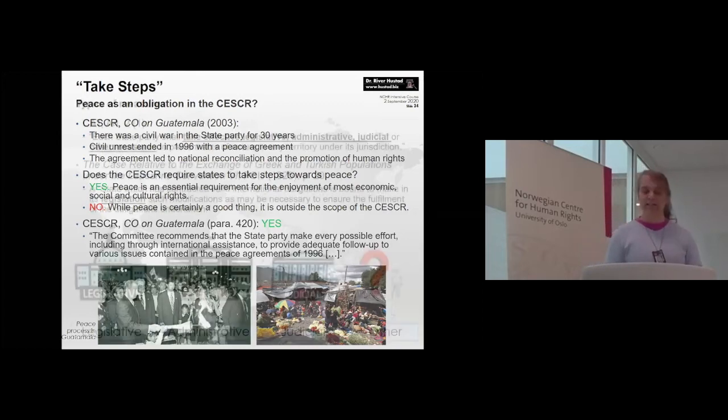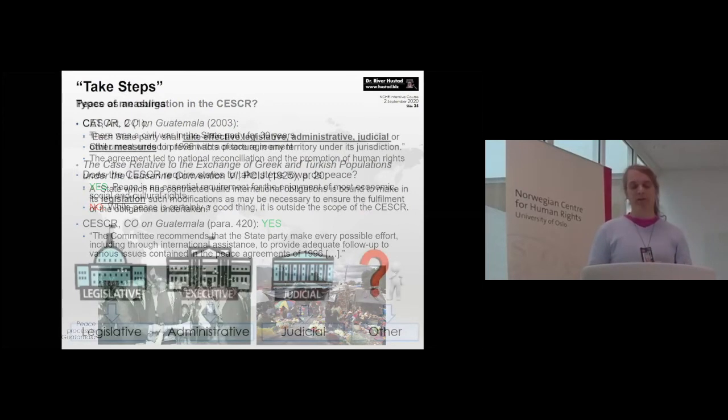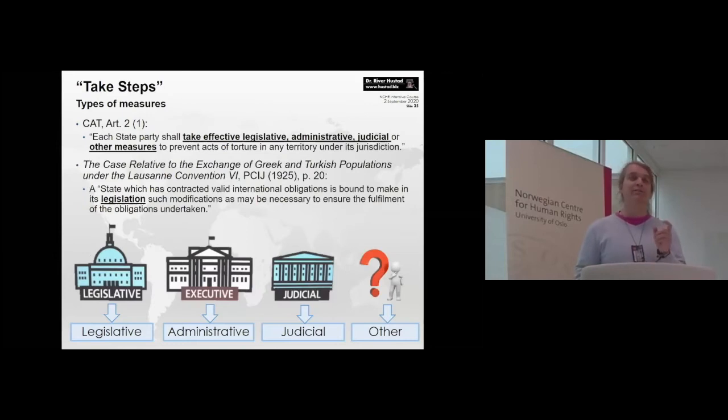So when we say take steps, what types of measures are they? The Convention Against Torture gives a little bit of an indication, saying effective legislative, administrative, and judicial or other measures. So as we said before, all branches of government, including other measures.